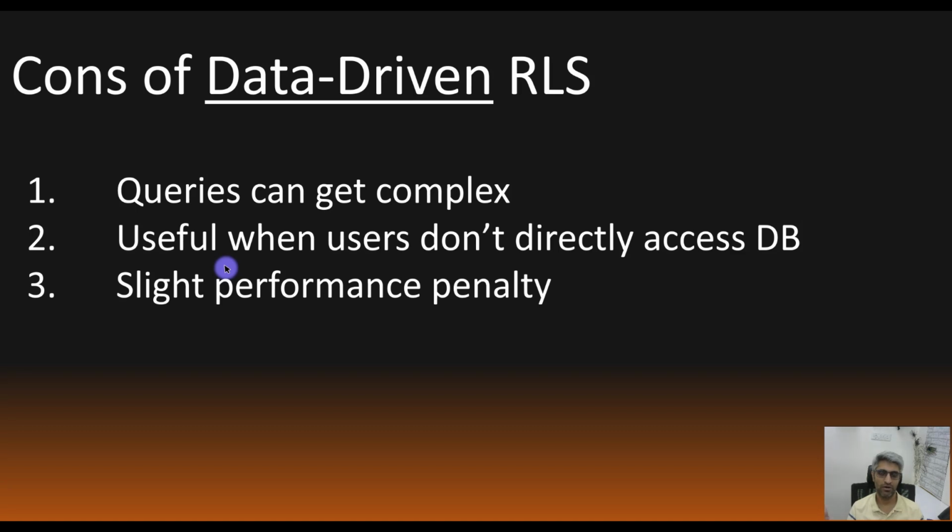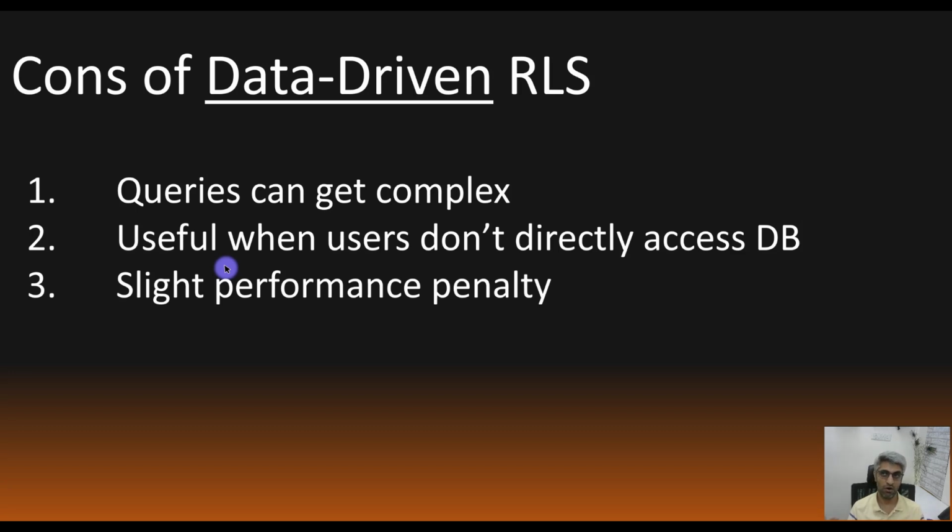And coming to the third point, because users are not directly querying the table, right? Instead, you're querying a function, and the function in turn is querying a table underneath, right? Because of this, there is definitely a performance penalty. This is fine when your volume of data is less, when you have fewer tables and fewer joins.